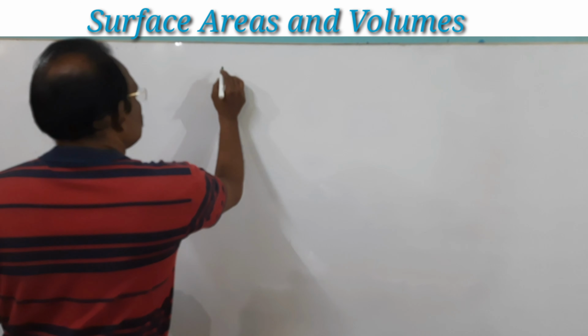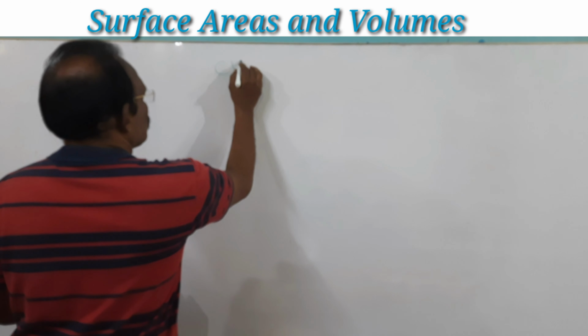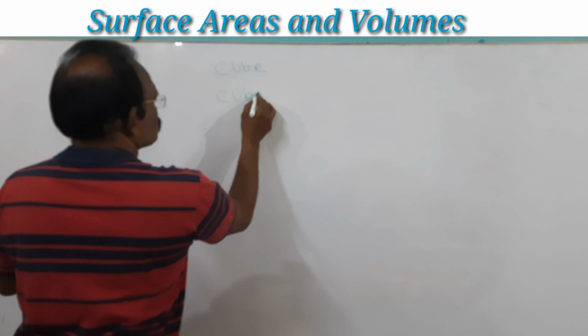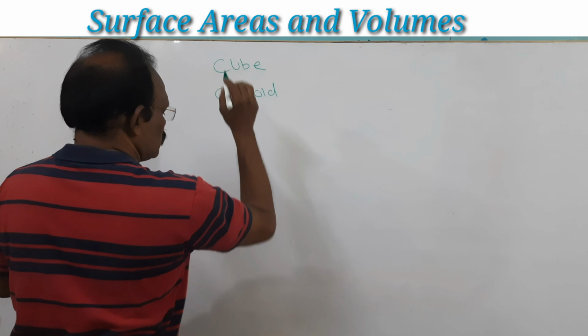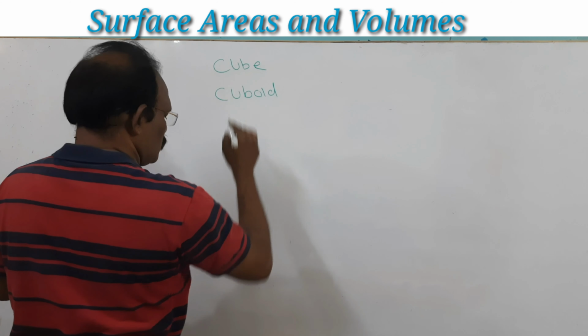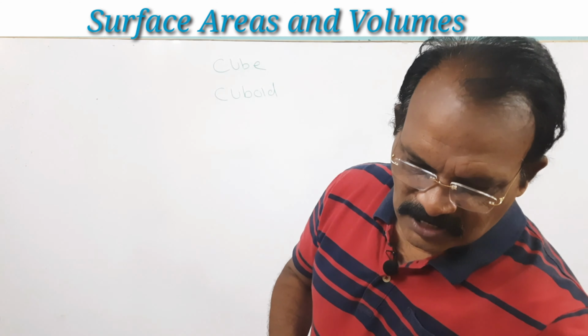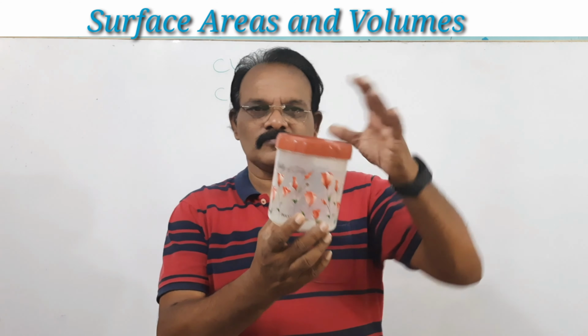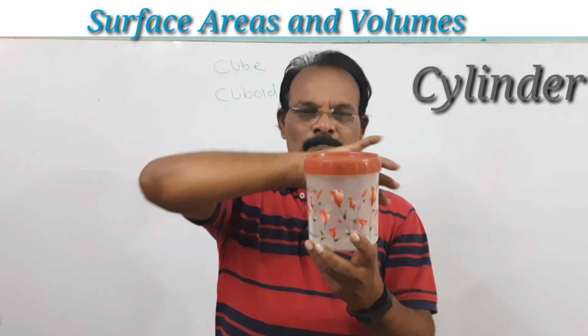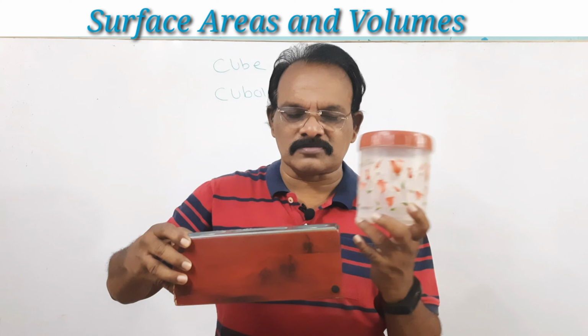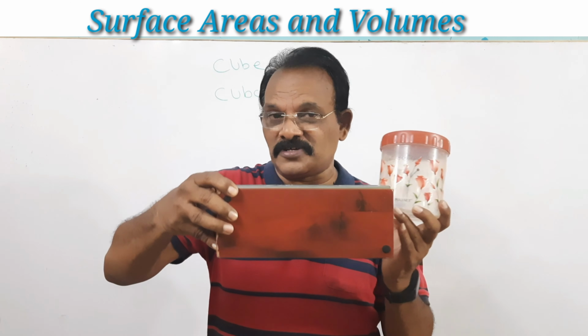First we have learned cube. Then we have learned cuboid. Now the third picture. What is the third picture? The third picture is called a cylinder. The cylinder will be like this. Here I have told you all the faces are called lateral faces.